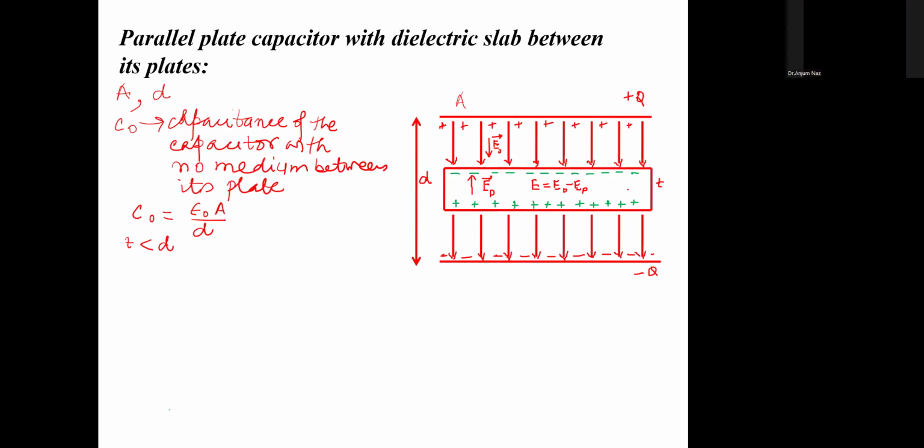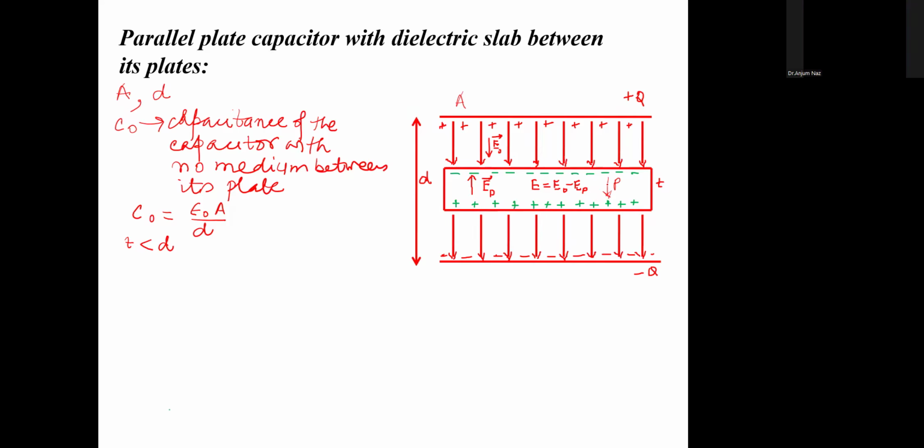When a dielectric slab is placed in between the plates, what happens? The dielectric gets polarized in direction of the field. That is, polarization vector will be induced in the same direction.